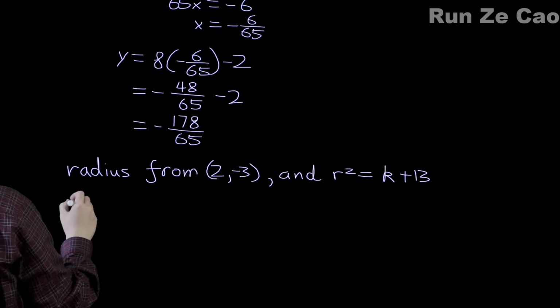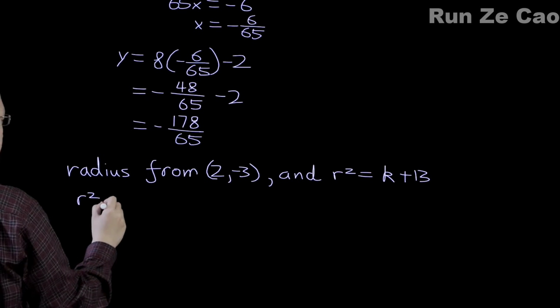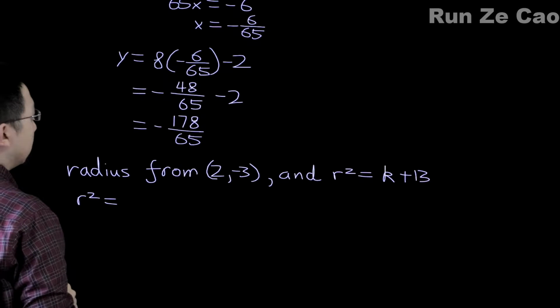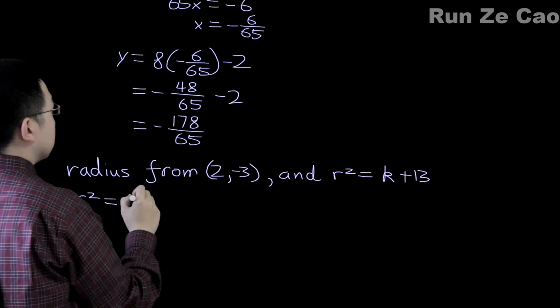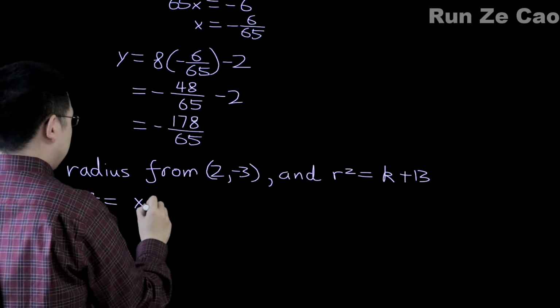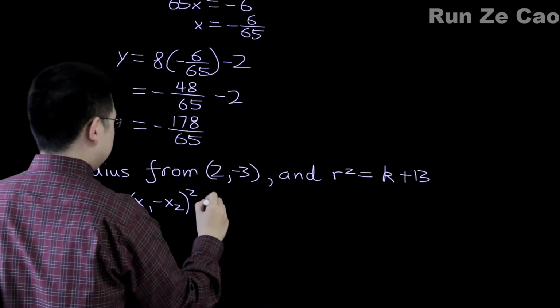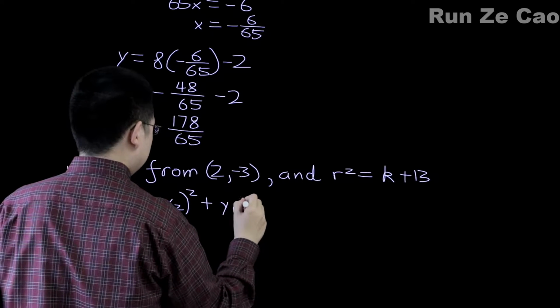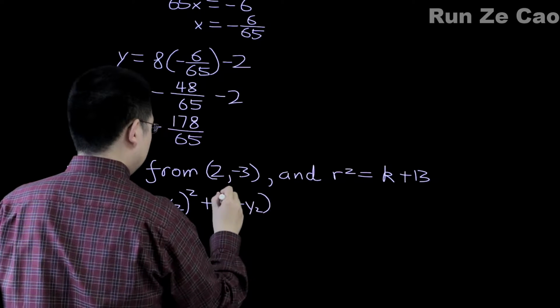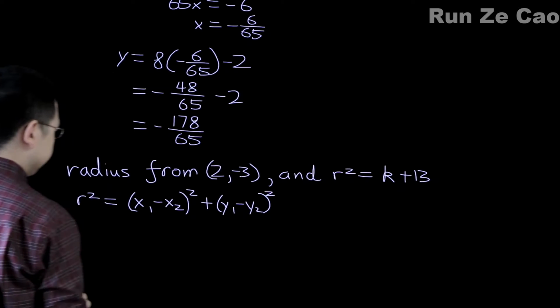So r squared equals x1 minus x2 squared plus y1 minus y2 squared.